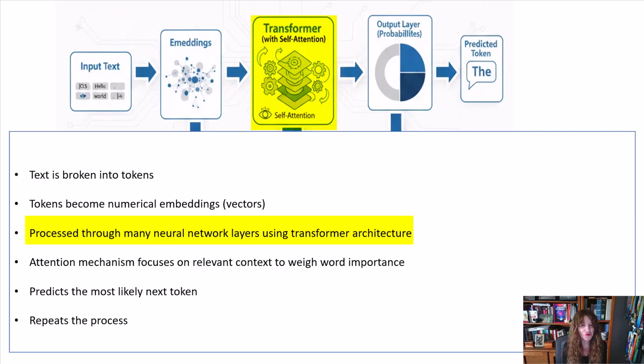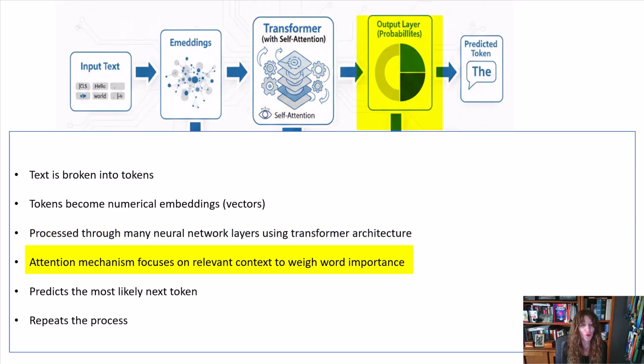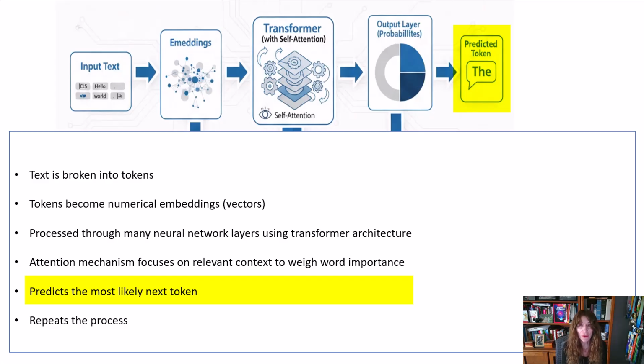Okay, these vectors are processed through many neural network layers using this transformer architecture. The transformer architecture has an attention mechanism which enables it to focus on relative context to weigh the importance of one word against the other. Again, the whole point of this is to predict the most likely next token, to predict the next word.